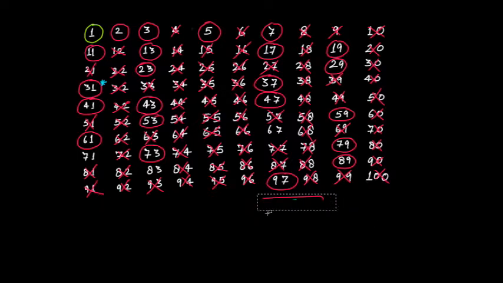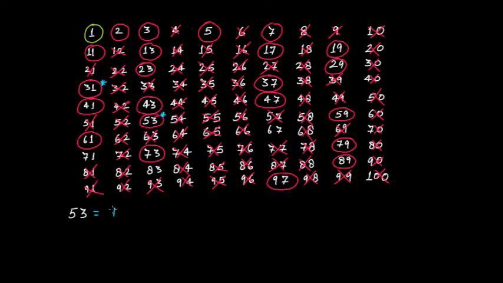Now let's move to the next number, which is 53. Where is my 53? 53 is here. What's the previous odd prime number to 53? It is 47.